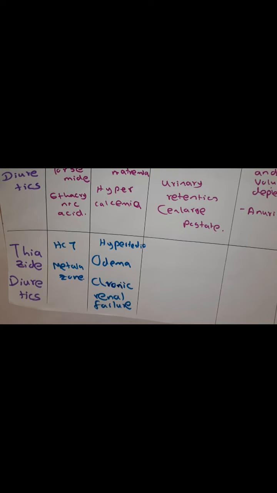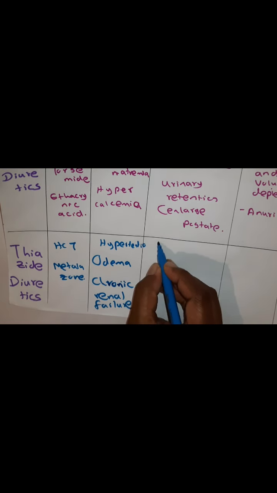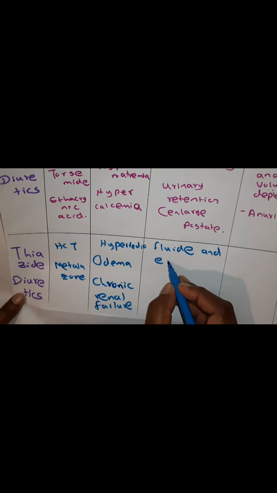Thiazide diuretics can cause electrolyte abnormalities in patients. And it also causes hyponatremia in plasma.